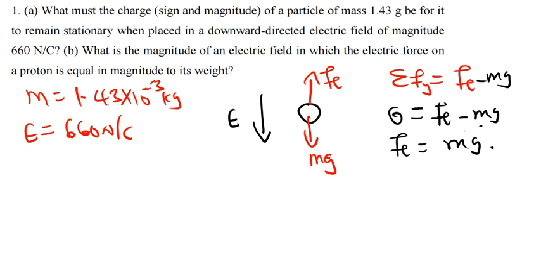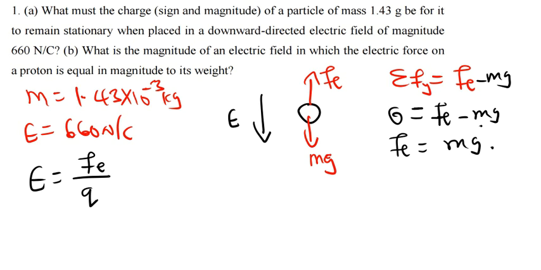Now one thing we have to understand is that the electric field is also given by the electric force divided by the charge. Here we have been given the electric field, but we want to find the charge. So I have to find a way to eliminate this electric force, because I don't have any information about the electric force. Let's make the electric force the subject of the formula.